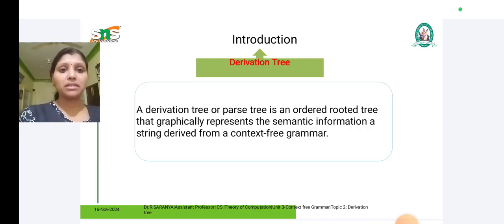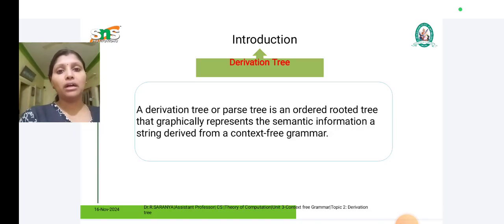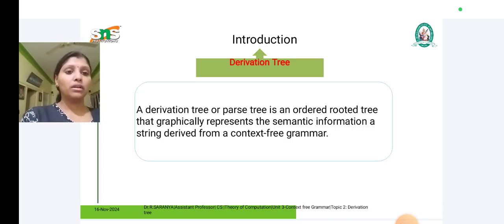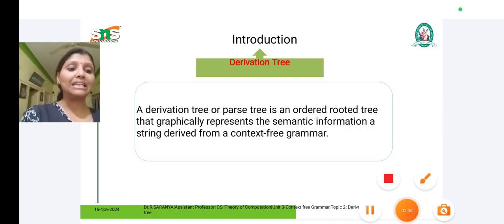Here we are representing the derivation tree with the help of three elements: the root node, the leaf node, and the child node. With that we are going to derive a tree. We are going to represent it in a tree-like structure. The graphical representation looks like a tree-like structure. That's why we used to call it a derivation tree.